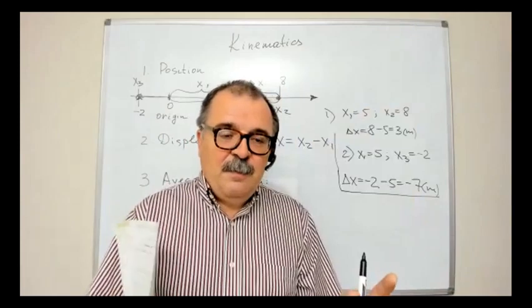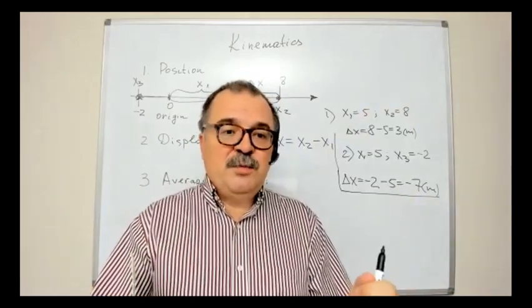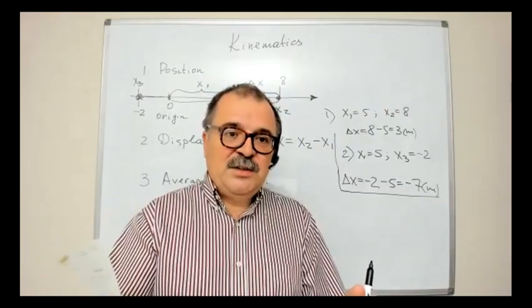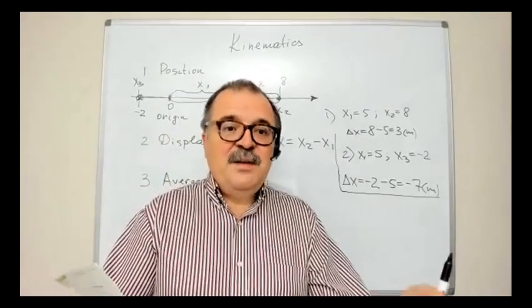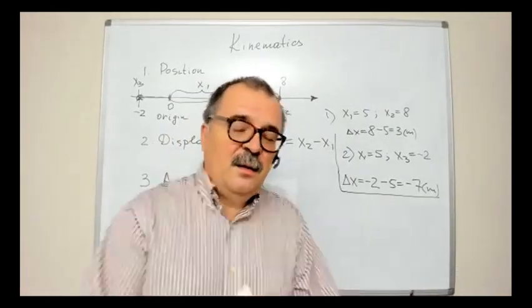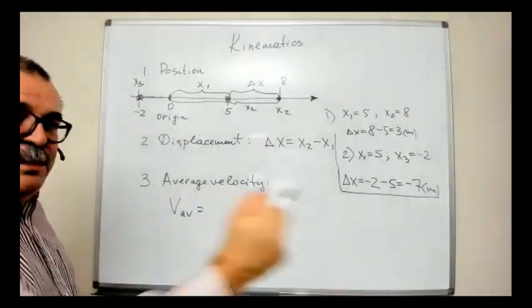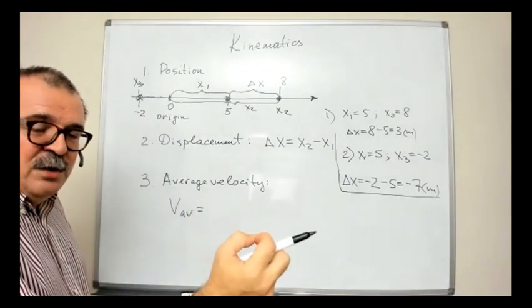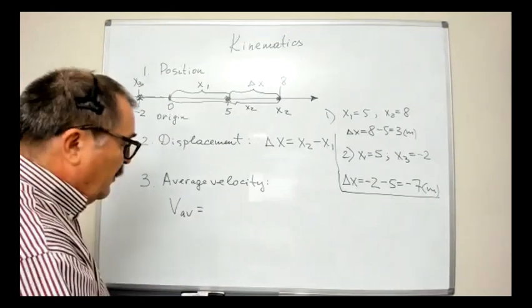So if you want to evaluate the average velocity of the runner, you have to do two measurements: first, the time and position at the initial state, and then the time and position at the very end. And then you find the velocity as the displacement of the runner during that time interval between start and finish, divided by the time interval for this process.